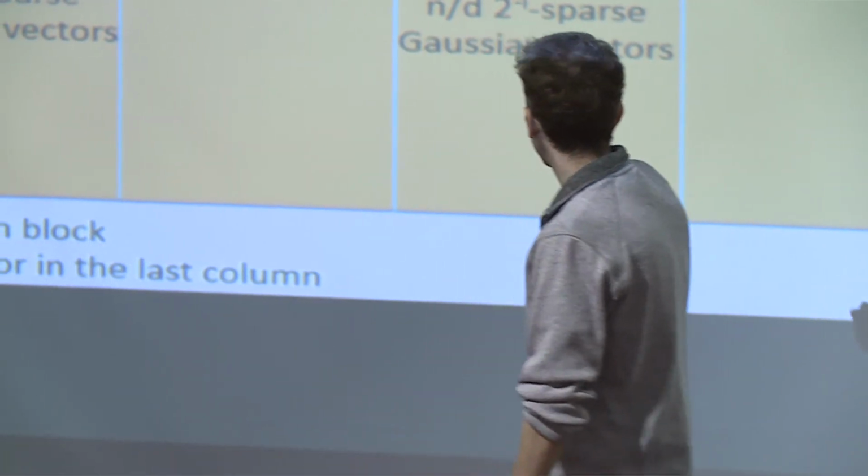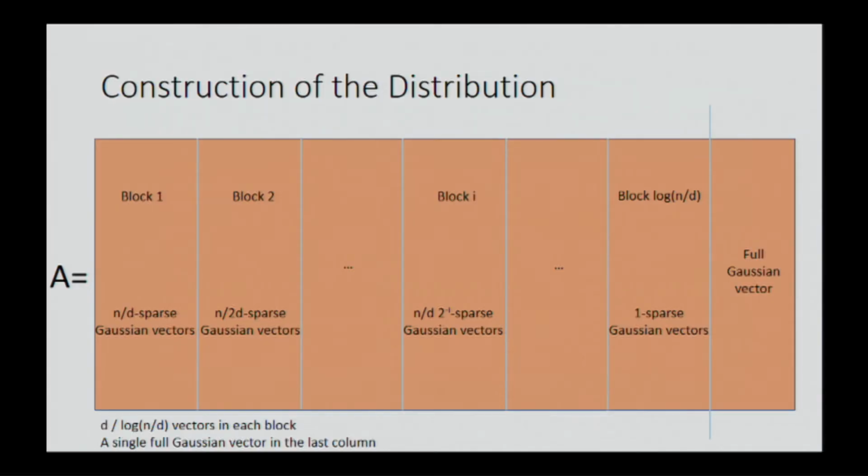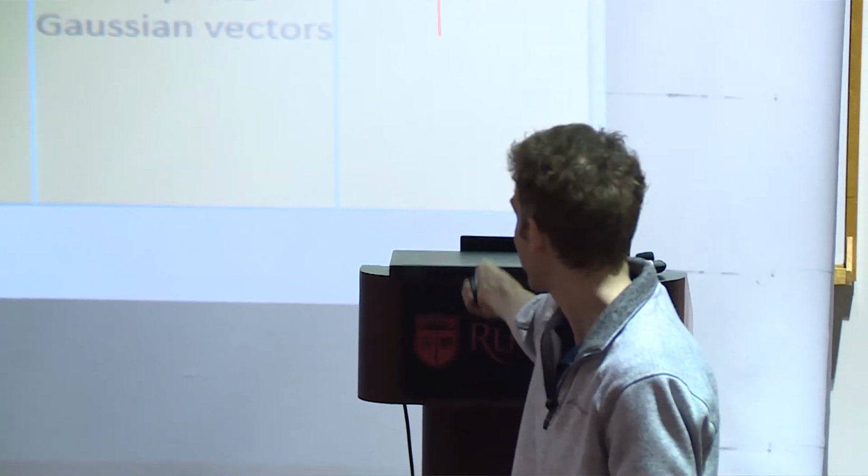In the ith block, I have d over log n over d vectors that have the appropriate sparsity for that block, namely n over d over 2 to the i. So the sparsity of the vectors changes between the blocks. Got it, starting off with roughly n over d non-zero entries, ending up with 1 non-zero entry. And then finally, I have a Gaussian vector. Clear?